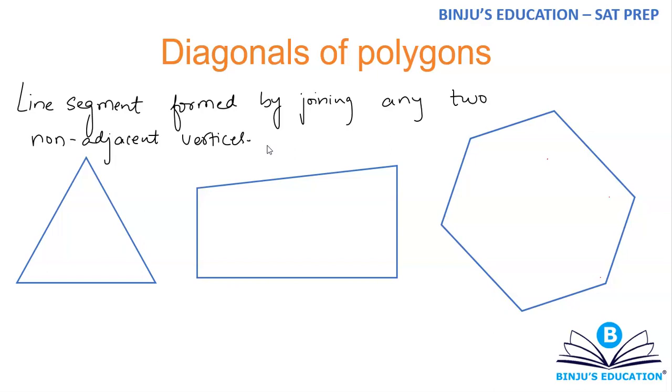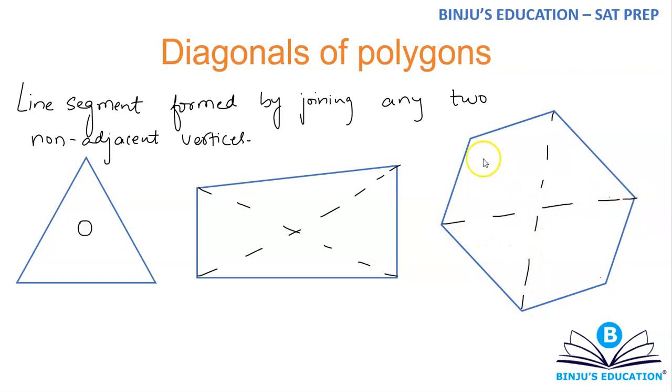You'll observe that in case of a triangle, there are no two non-adjacent vertices, so the number of diagonals is 0. In case of a quadrilateral, you can have one diagonal something like this, and you can have another diagonal something like this. In case of a hexagon, you can have many diagonals. So I'll draw a couple of them.